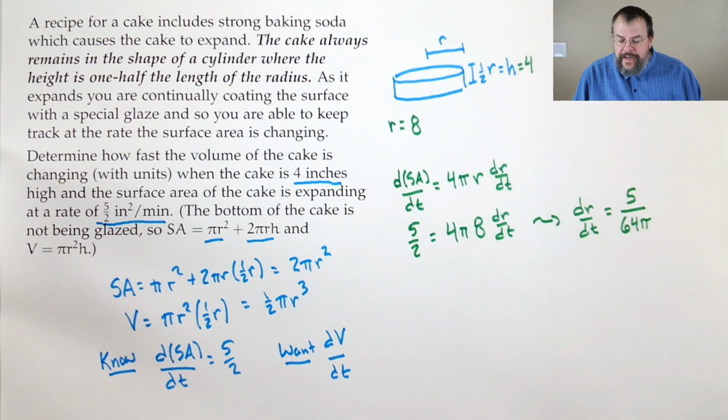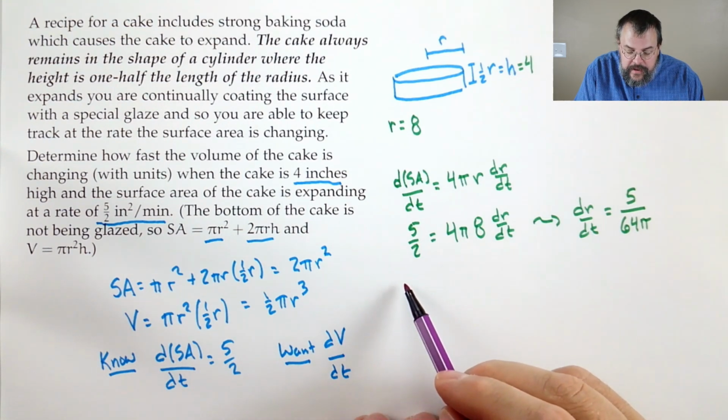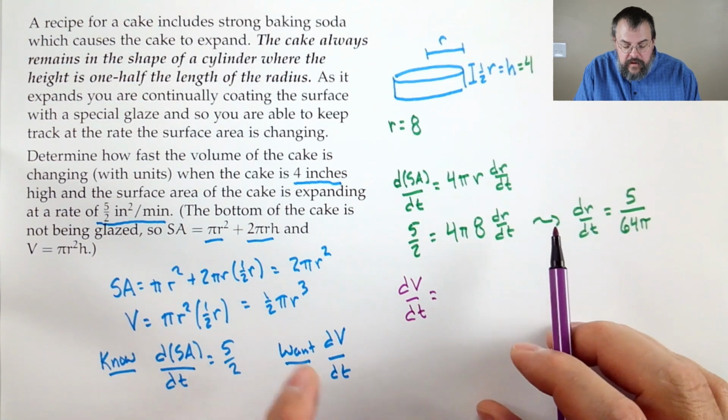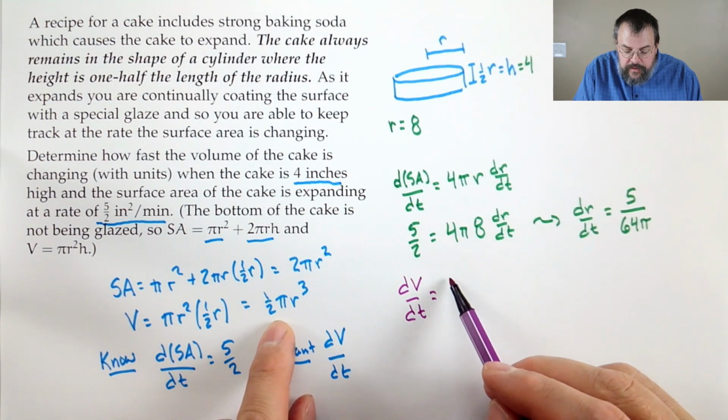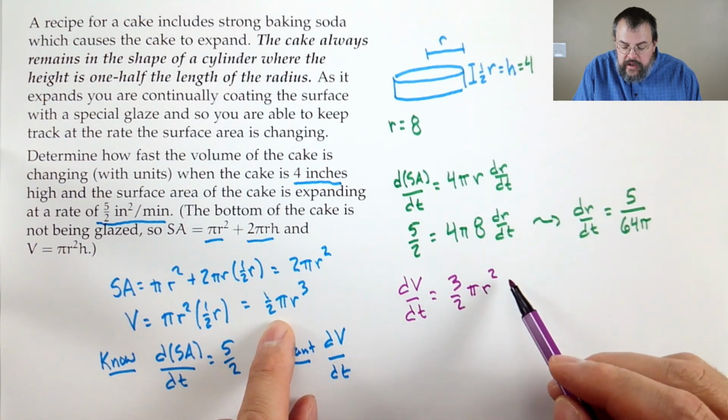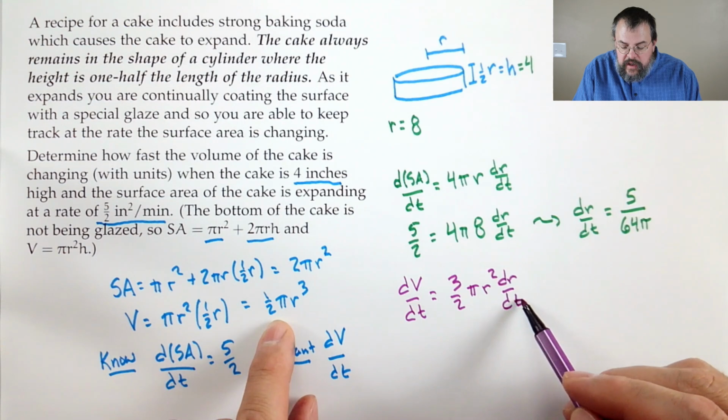Next, let's think about the other equation, which is the volume. We're going to do something similar. We have dV/dt is, taking our derivative, the 3 comes down, 3 halves pi r squared dr/dt.